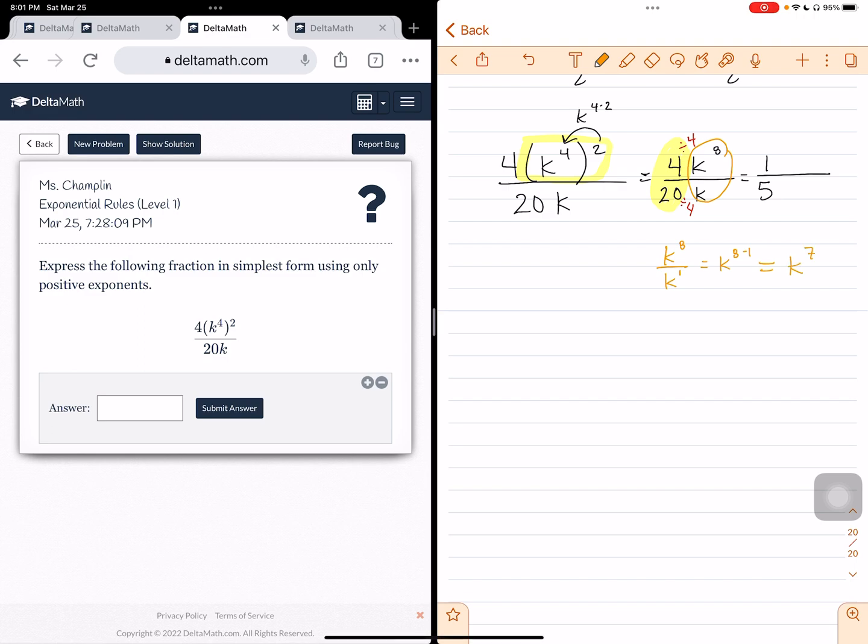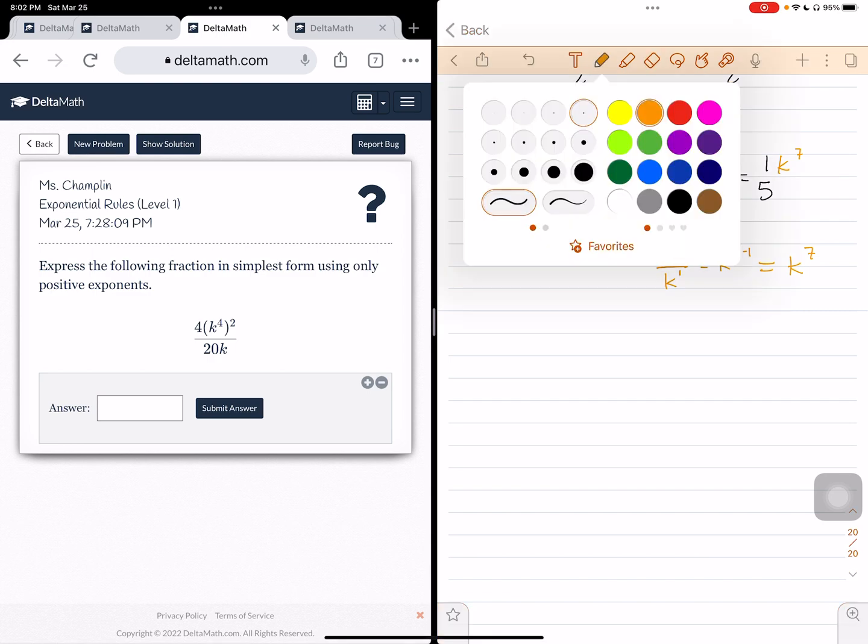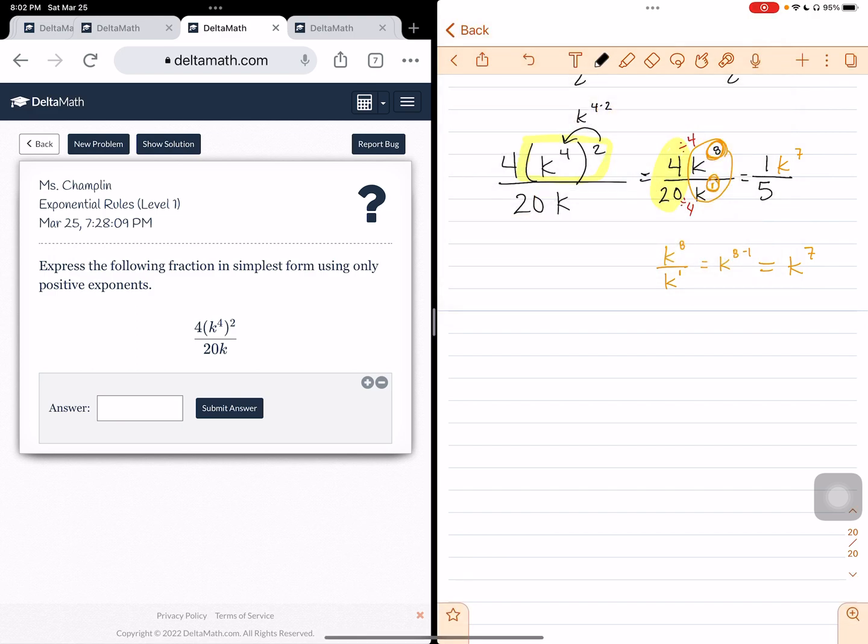And it's going to be positive, so you see how the bigger number is up top and the 1 is down here. So that will go up top: k to the 7th power. Now I don't have anything more to simplify. The 1 times k to the 7th is really just k to the 7th, and then the 5 is still on the bottom. So this would be my most simplified answer here.